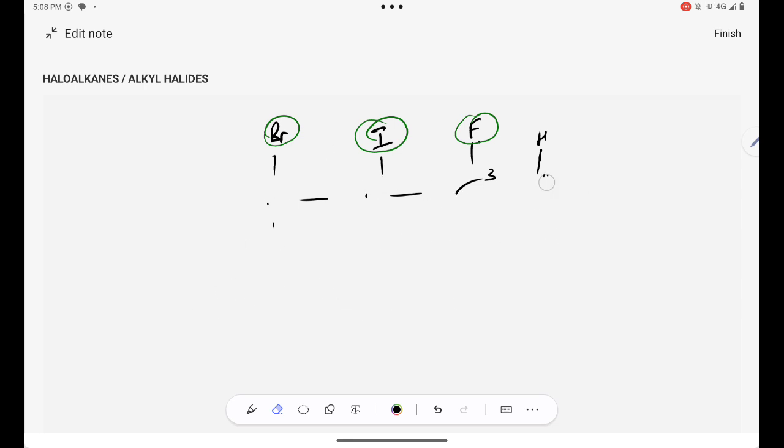Let's draw a new structure. We have side chains as well as halogens on the same compound.